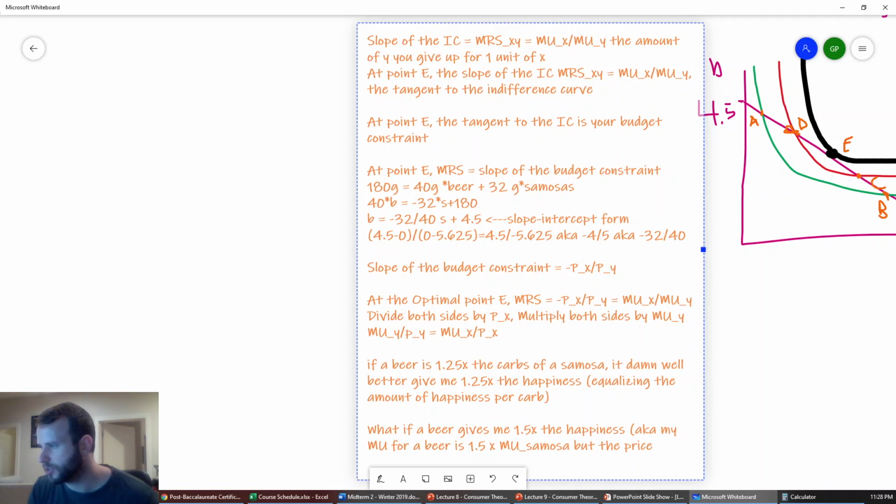But the price is only 1.25 times the price of a samosa. So what does that mean I should do? It means I should consume more beers and consume fewer samosas. So as you consume more beers, right, what happens?